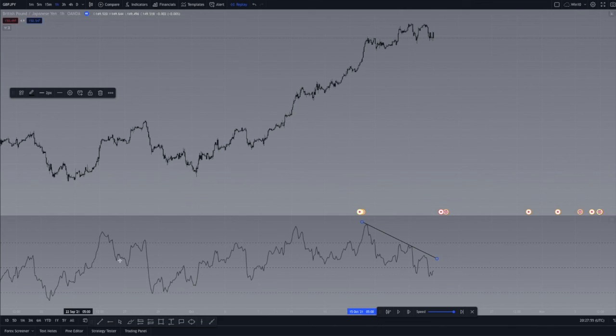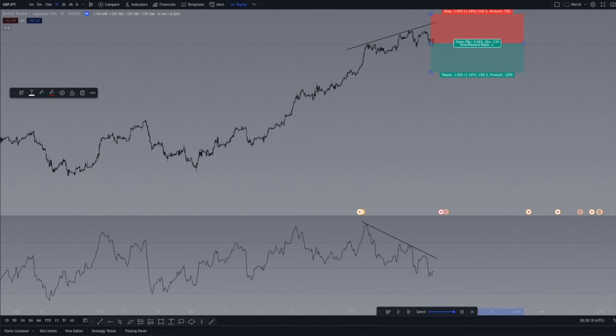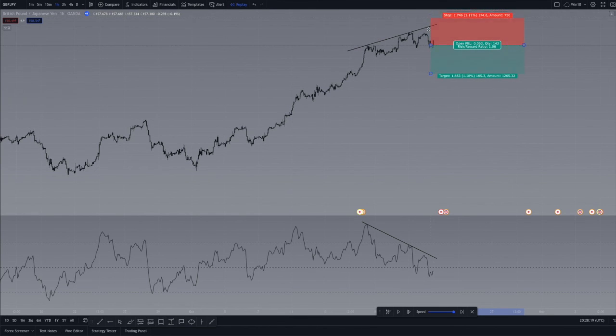Because of that, now we have divergence. So let's throw on this risk reward tool just to track.